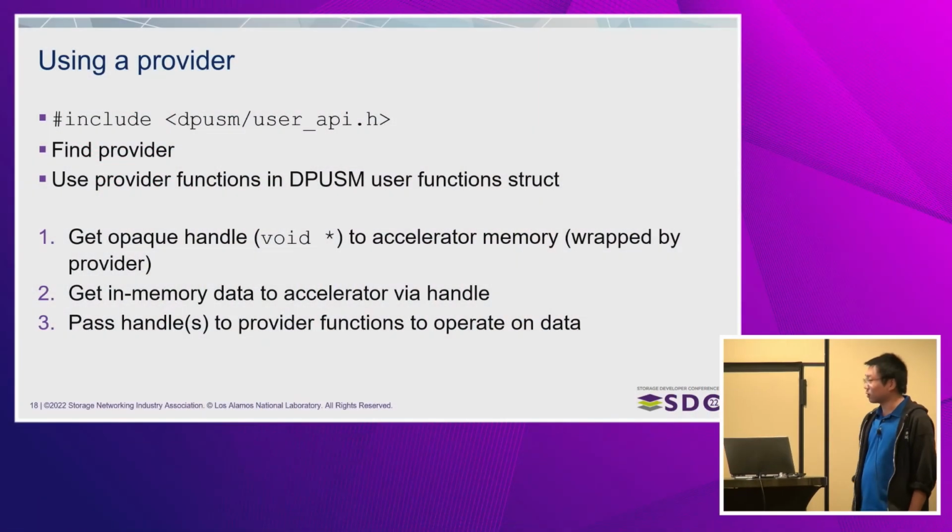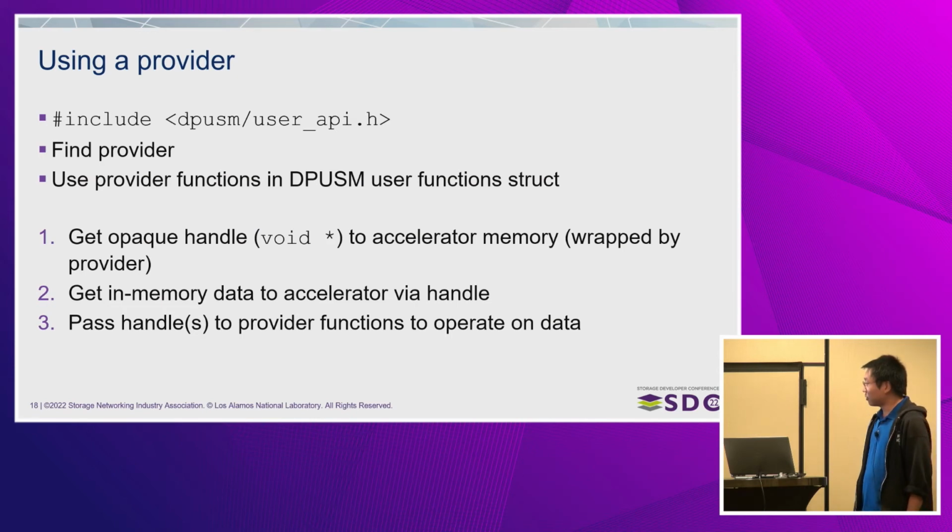So using a provider is also pretty simple. All you have to do is include the DPU-SM's user API, and with it you can find the provider that you want, and then use the provider's functions that are wrapped by the DPU-SM. And just as a provider does a handful of things, users will do the mirror image of those things.